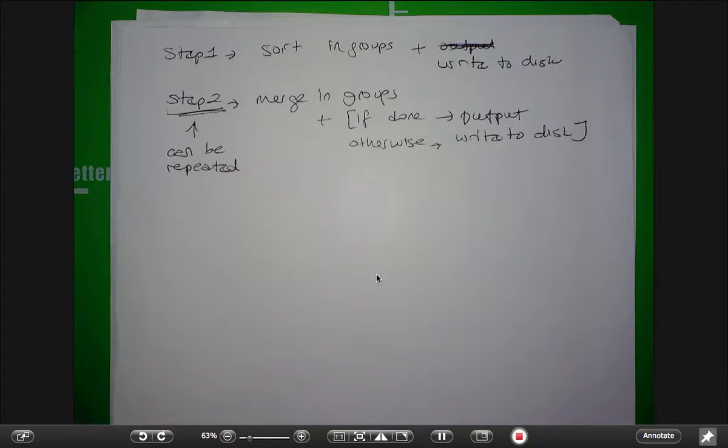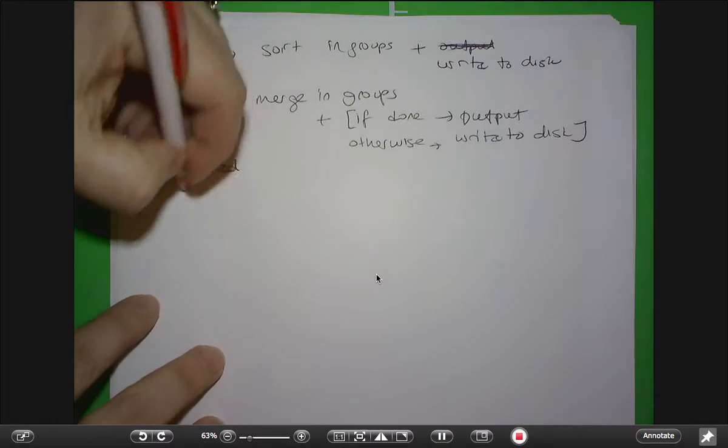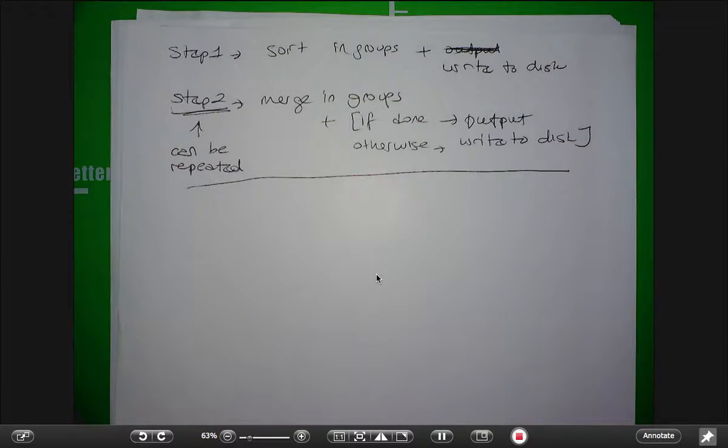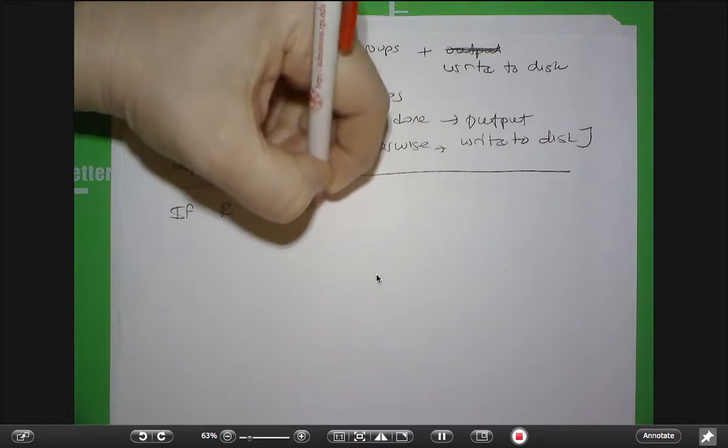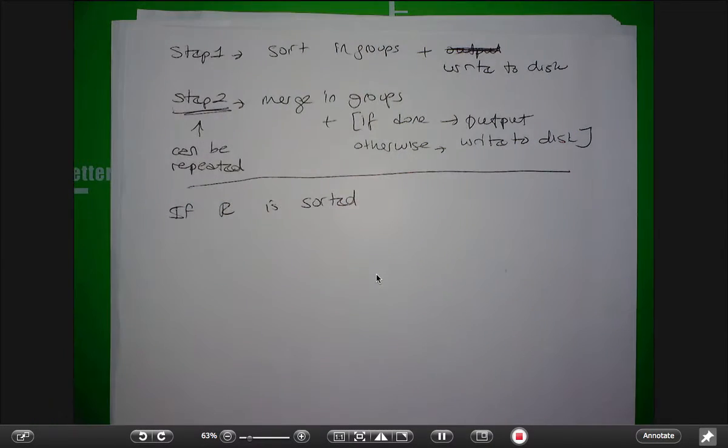Now, once the relation is sorted, now your life is great. You can do all sorts of operators after it is sorted. So if R is sorted, then a lot of the operations that we talked about become very simple.